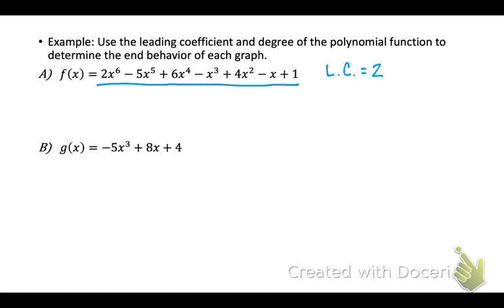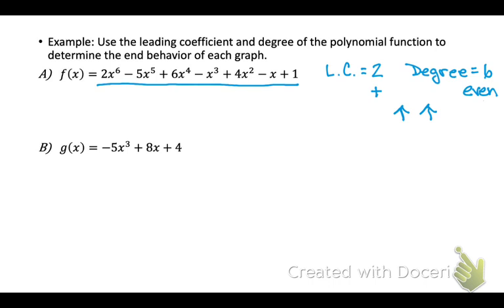What's LC mean? Leading coefficient. And what is the degree? 6. Now, A, the leading coefficient, is 2, so this is positive and this is even. So it's positive, so it ends up. It's even, so it also had to start up.